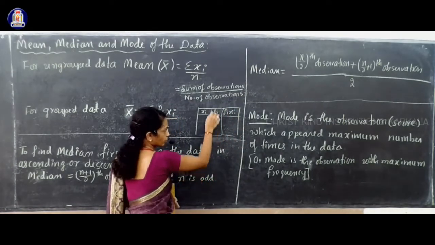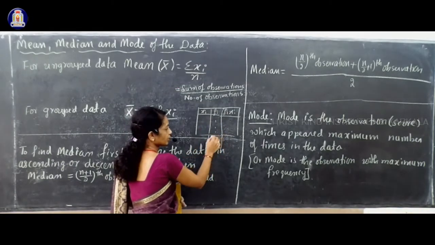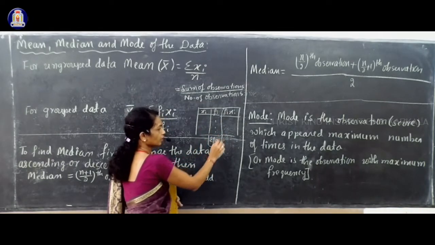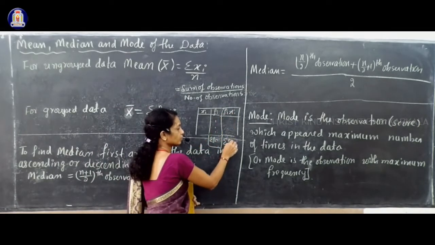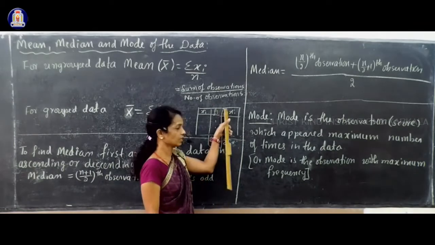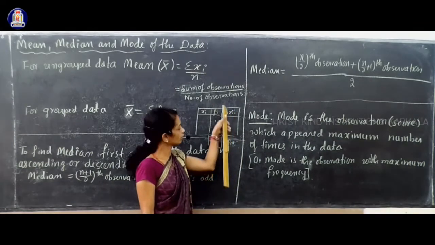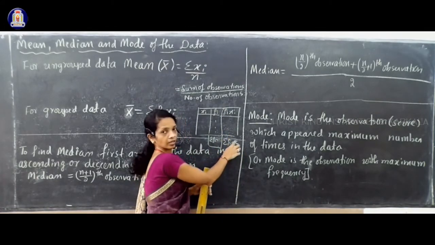Sigma fi: some entries will be given to you as fi values. You have to take the sum of that, and that gives you sigma fi. The sum of the fi into xi values we denote symbolically by sigma fi xi.